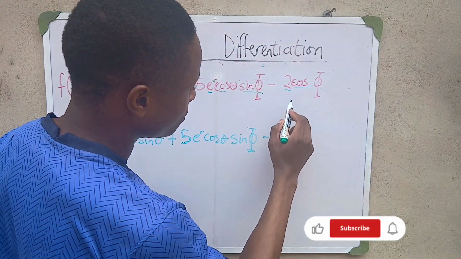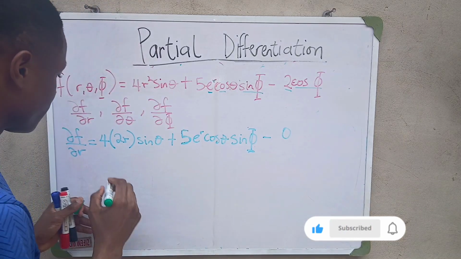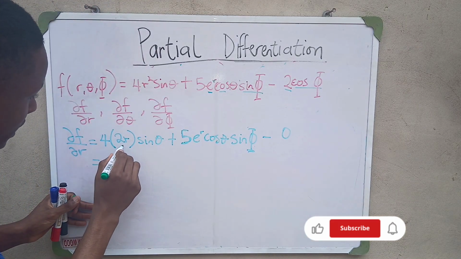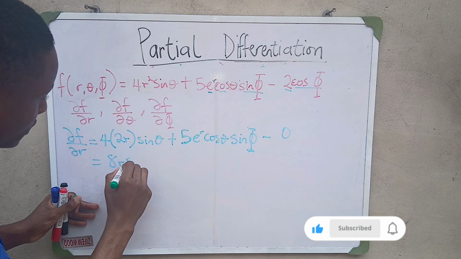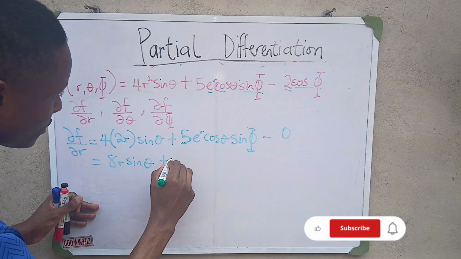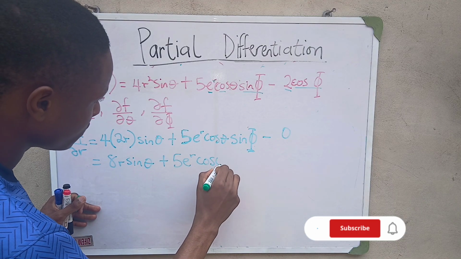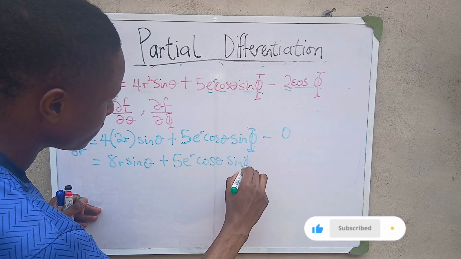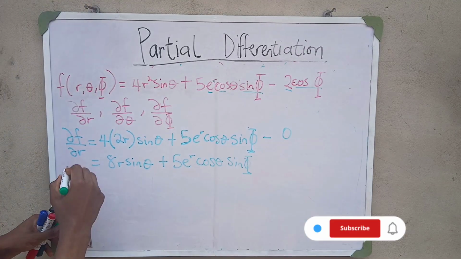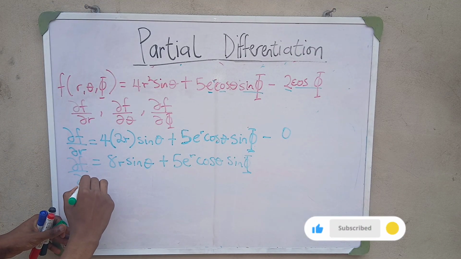So if we differentiate it, we'll be having 0. So this time this is 8r sine theta plus 5 exponential r cos theta sine psi. So this is our partial f over partial r.